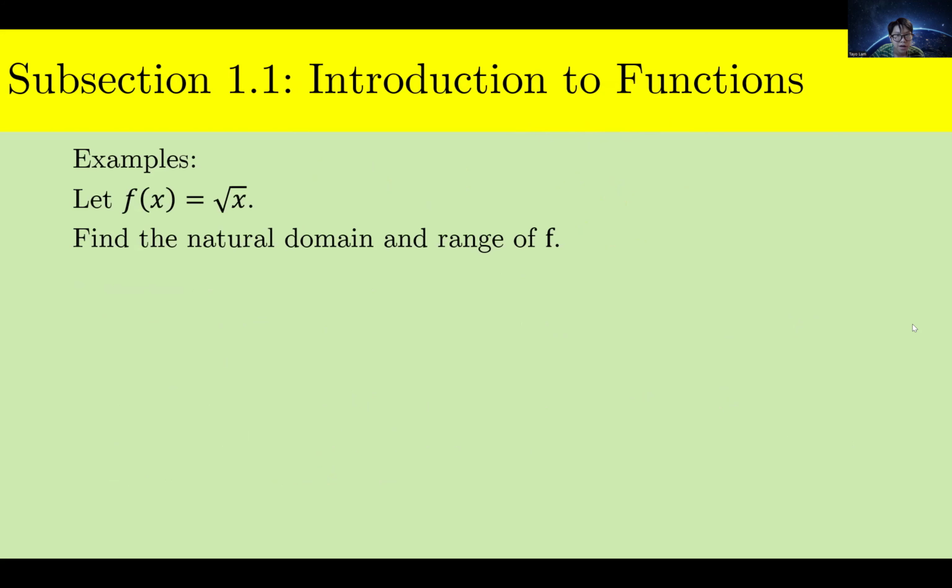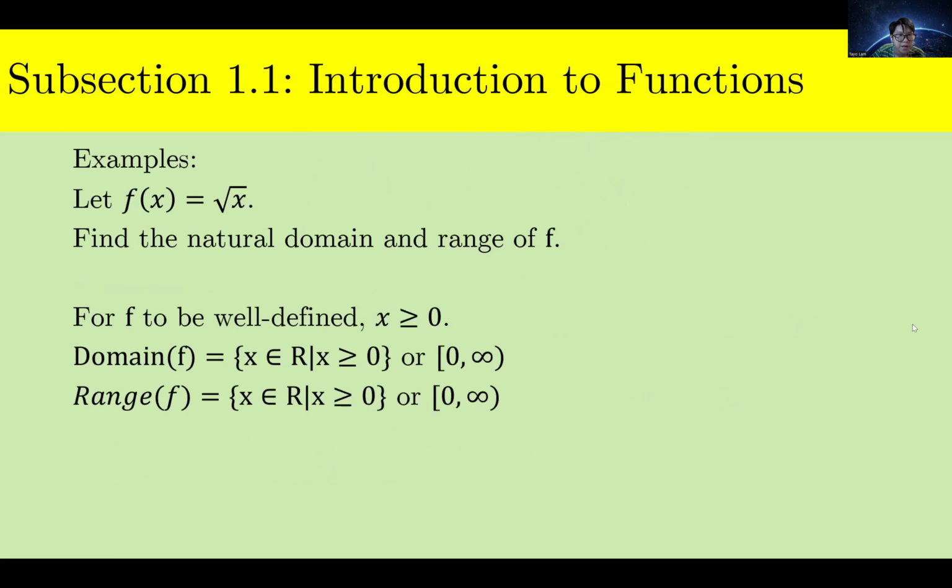For f to be well defined, we need x to be larger than or equal to 0, because the square root function cannot accept a negative number as input, otherwise it's out of the domain if it's not defined to be complex. In this course, we'll mainly discuss functions in the real domain.